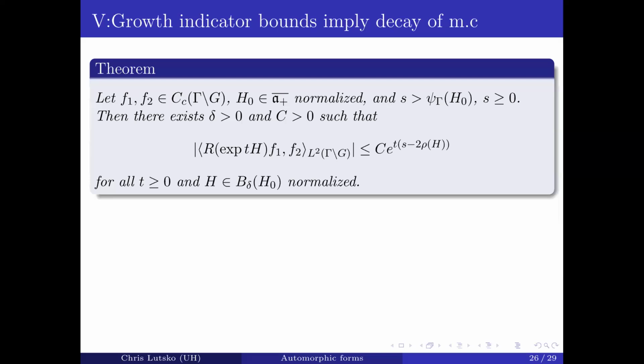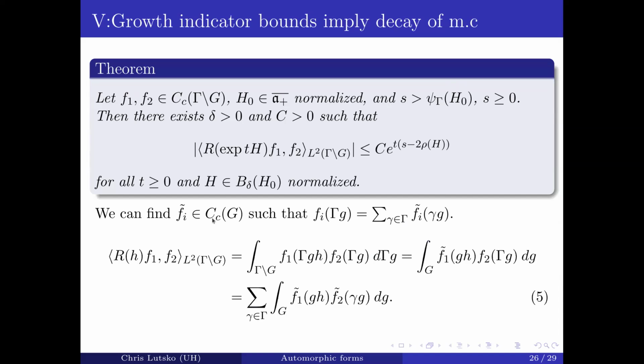Now we can show that growth indicator bounds imply decay of matrix coefficients. So that's this inequality. We take some general compact set C, we automorphize it, and then we unfold it.